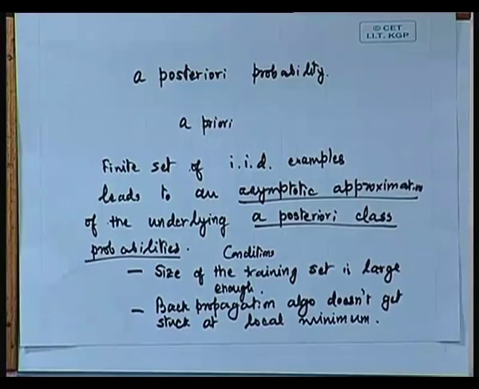If these two conditions are fulfilled, then whatever a posteriori classification probabilities we have got out of these training examples, it is going to lead to an asymptotic approximation of that.